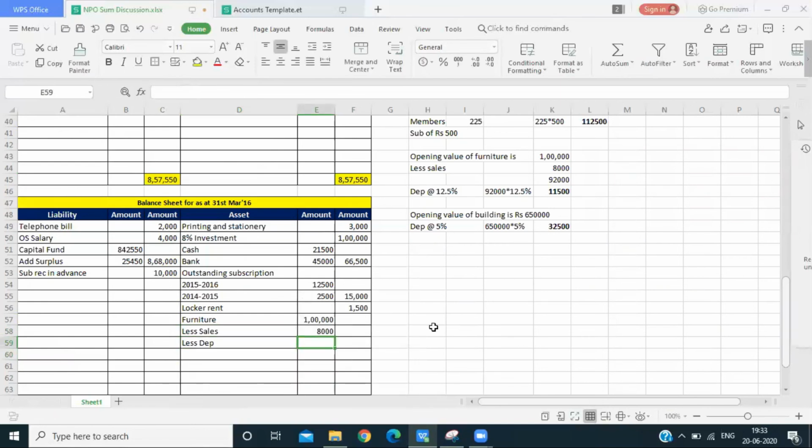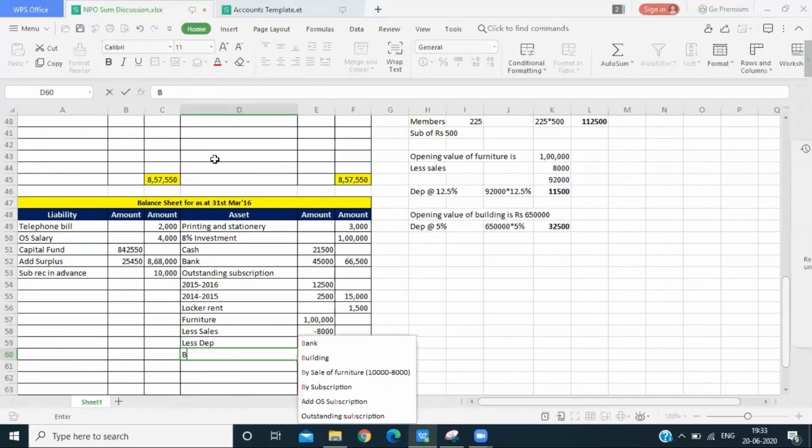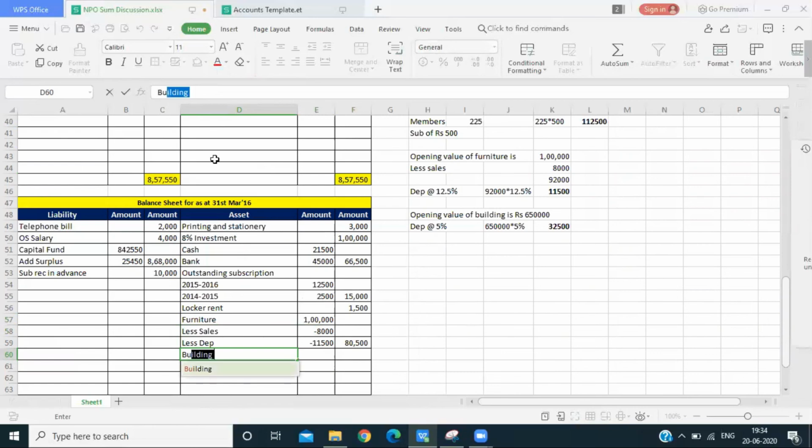For furniture, we are providing a depreciation of rupees 11,500. So we have to subtract this 8,000 and 11,500. So our closing value of furniture will be 80,500.